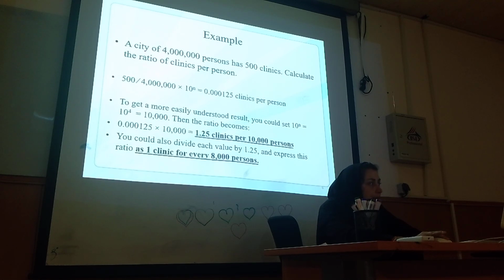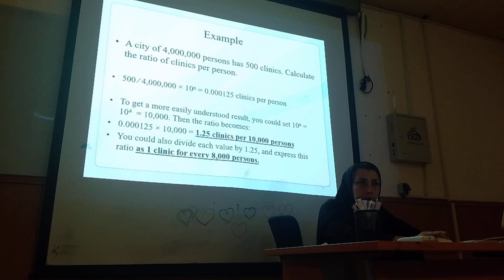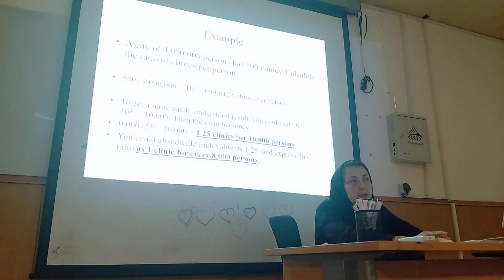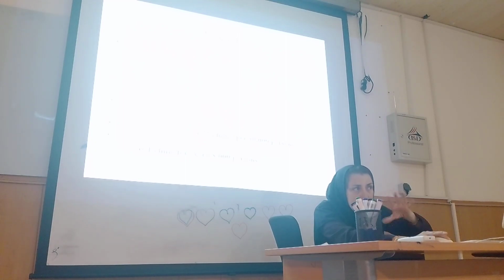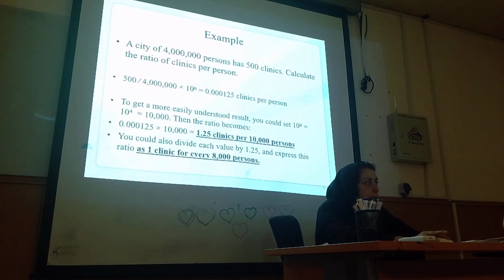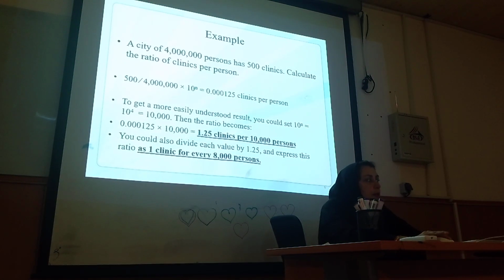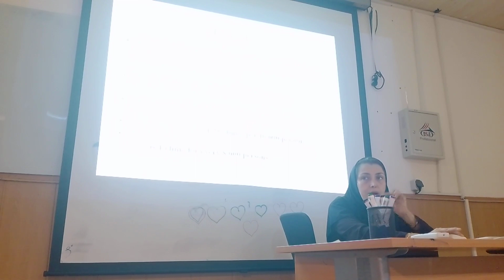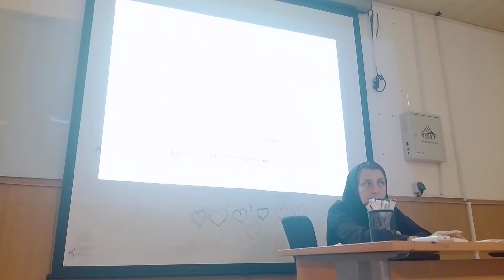For example, if we multiply this number by 1 million, it means 125 per million. It is a kind of transformation. Or 1.25 per 10,000 if we multiply it by 10 to the power of 4.